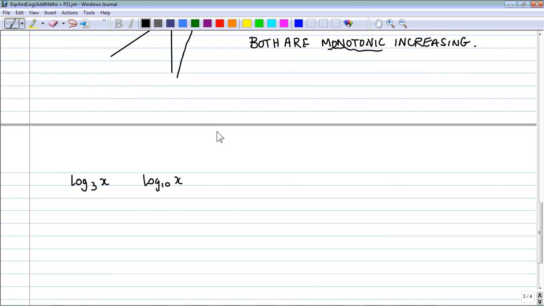So let's just say the base can be any positive number. Base can be any positive number, and in every case these functions are the inverse of the corresponding exponential function.